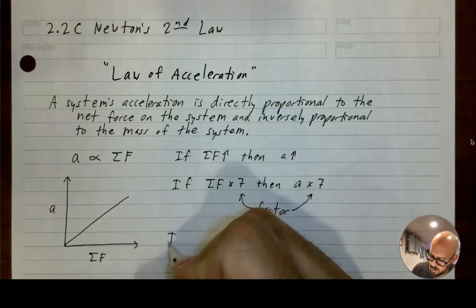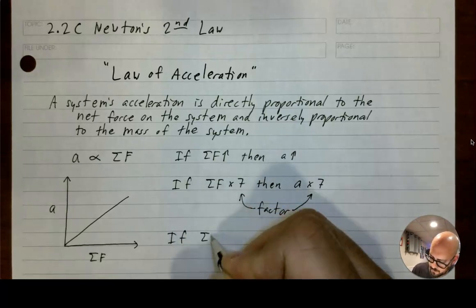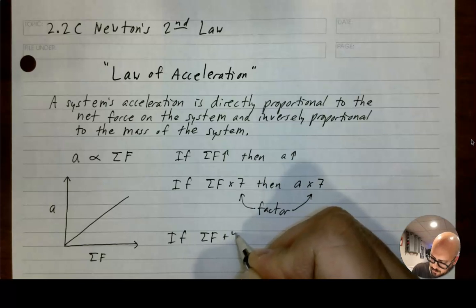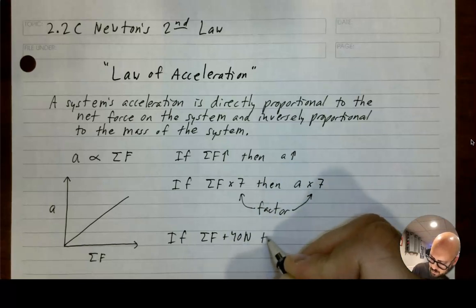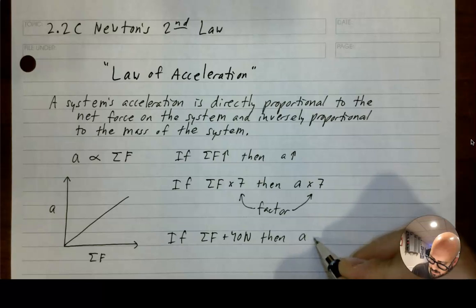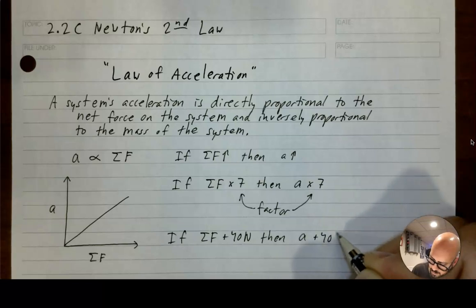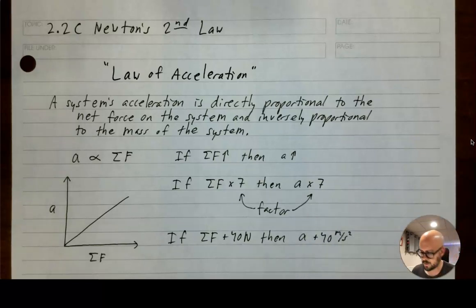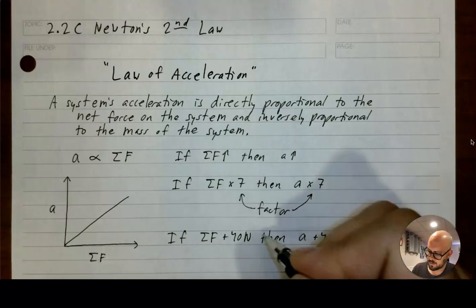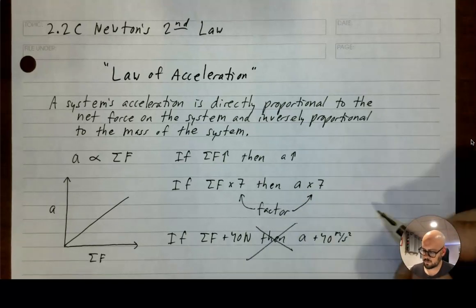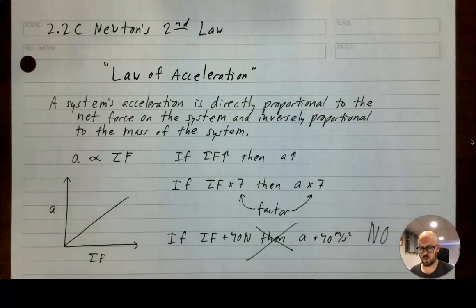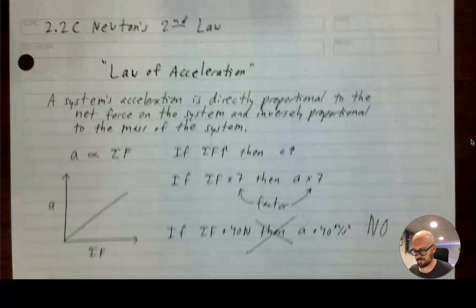It does not apply in this way: if the net force has 40 newtons added to it, then the acceleration will have 40 meters per second squared added to it. That is not how that goes. When we talk about things that are proportional, we really just talk about multiplying them and dividing them by the same factor. That's how proportional things change together.